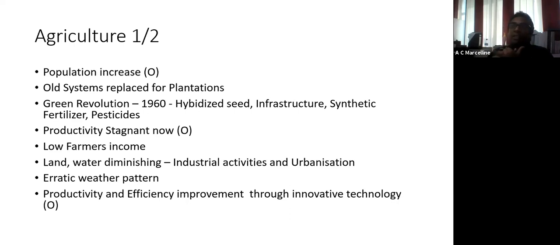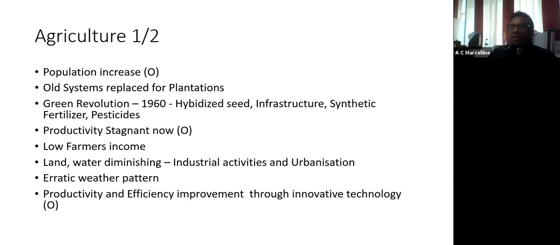New technologies are not there. That's why these nanotechnologies are coming in. When you look at the type of things they can make use of in the agricultural sector, we are doing nothing with it. That's the strength of Melta. Melta can bring in these technologies. Yeah. Erratic weather pattern.